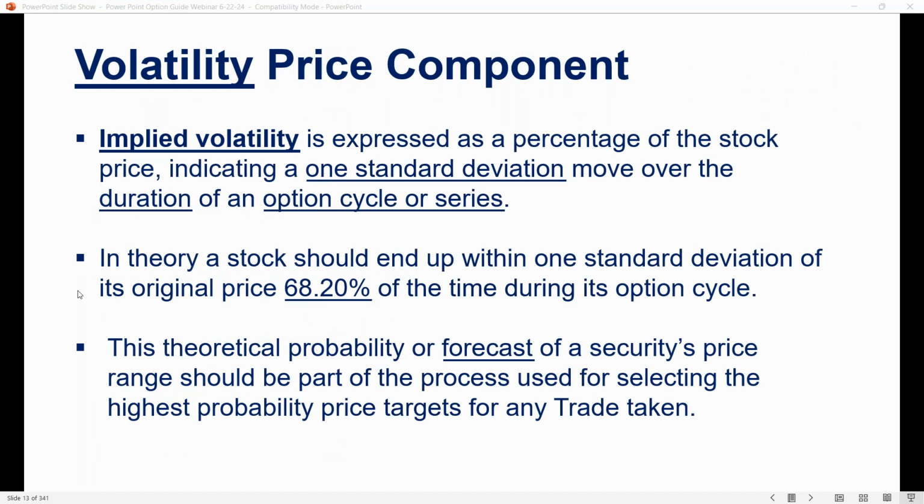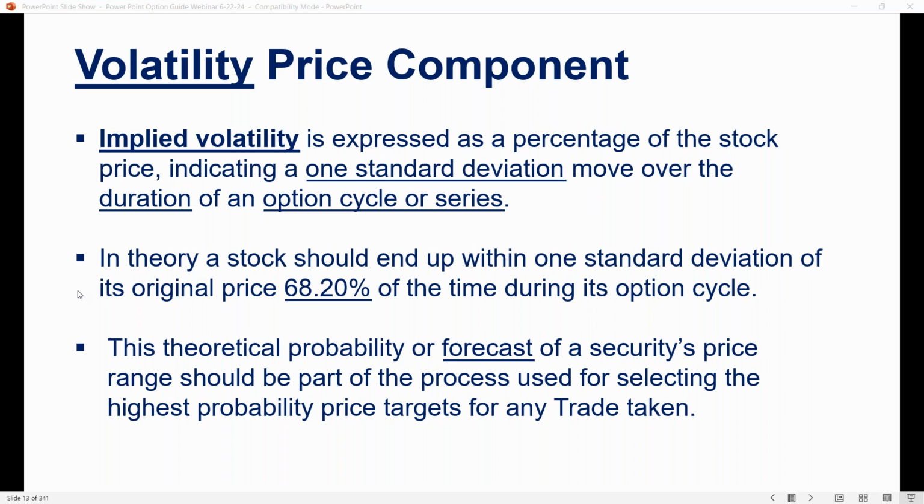Now, the next big pricing component is the price volatility. Implied volatility is expressed as a percentage, a theoretical percentage of the stock's price, indicating a 1 standard deviation move over the duration of its option cycle or series. So in theory, a stock should end up within about a 1 standard deviation price range of its original price a majority of the time during its option cycle.